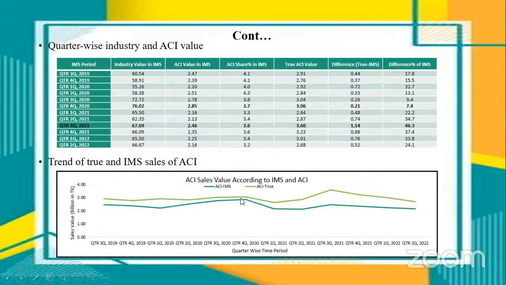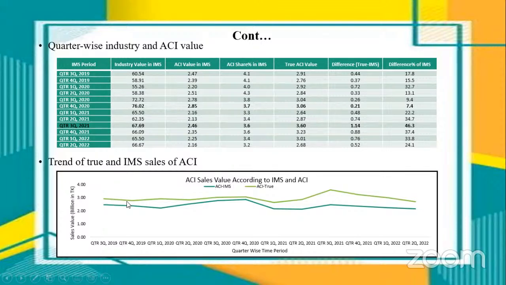In every quarter, the true sales, that means actual sales of ACI, is greater than the IMS sales. And in these 12 quarters, the difference varied from 7.4% to 46.3% greater than the IMS value.